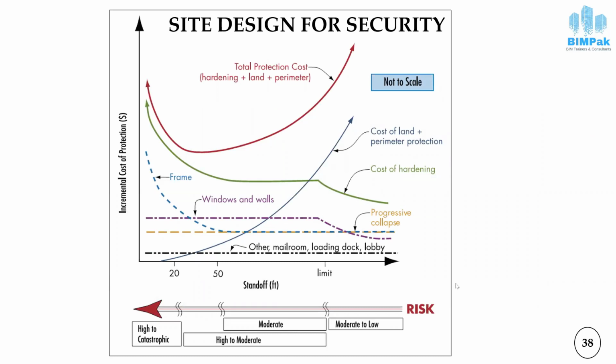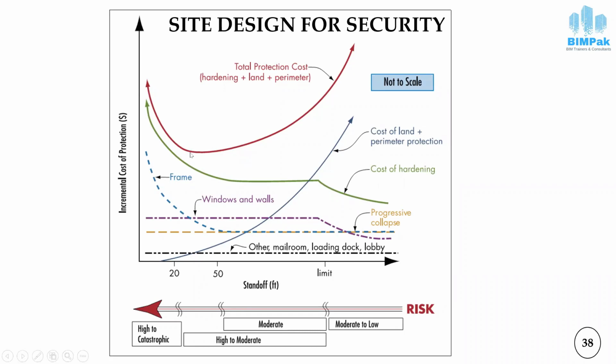In this picture, you can see that if we keep on increasing the standoff distance, the cost of land plus the perimeter protection keeps on increasing. And at the same time, this is the optimum point. If you increase the standoff distance beyond this point, the total cost of security keeps on increasing.